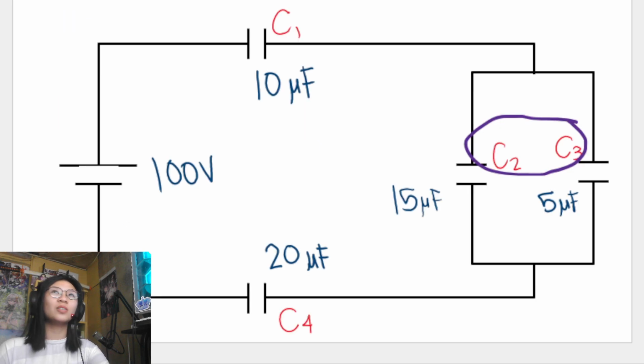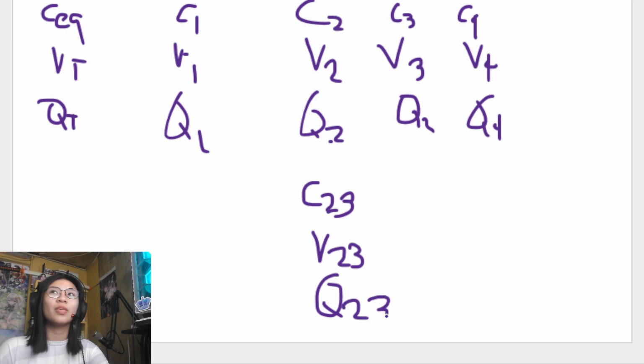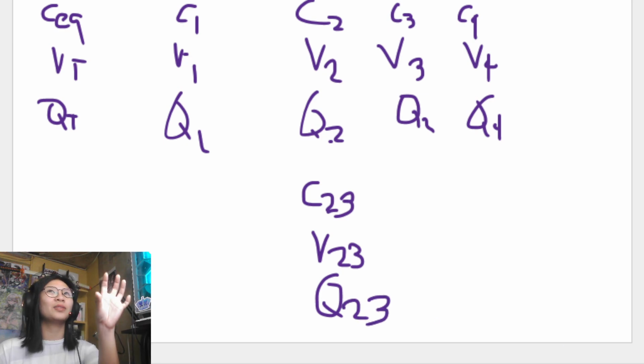But we have something to add. As you can see here, we can combine C2 and C3, therefore adding information here. We will have C2,3, the combination of C2 and C3. Since we have C2,3, we also have V2,3, and since we have V2,3 and C2,3, we also have Q2,3. So these are what we will find.